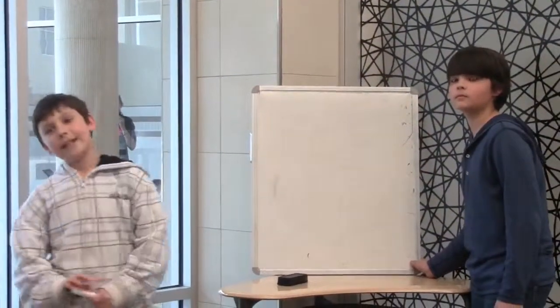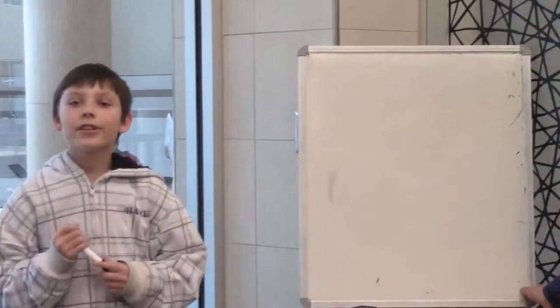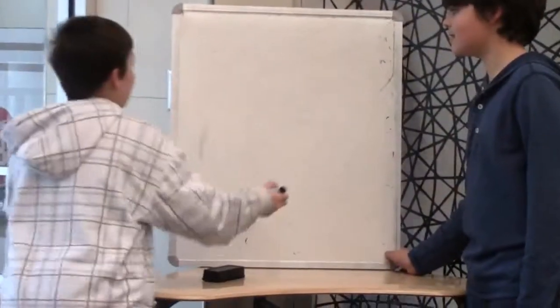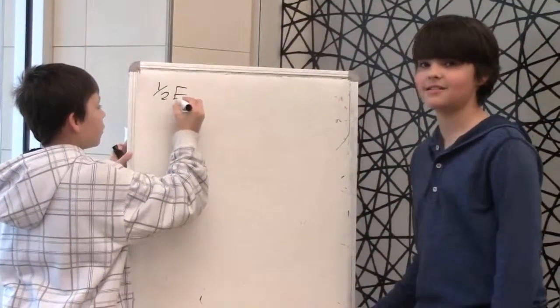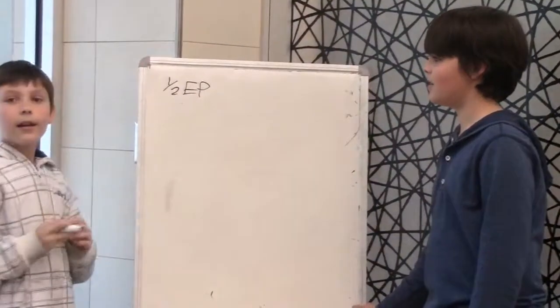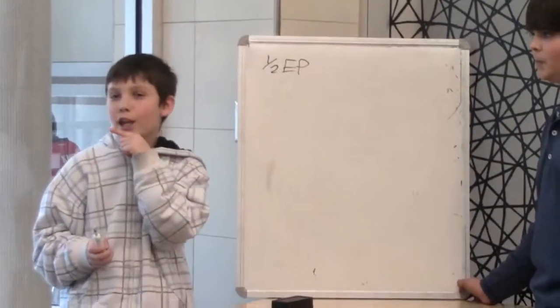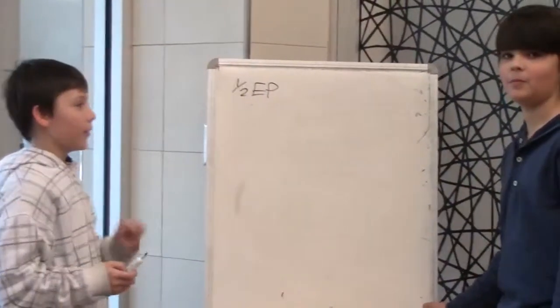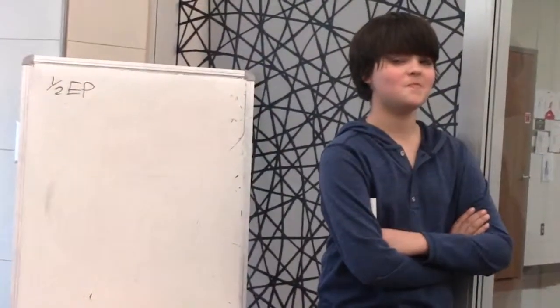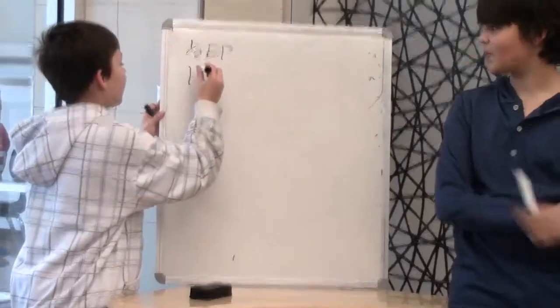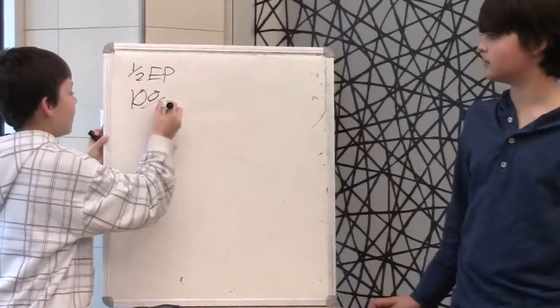So, the team scores 50 points in one game. Half of the points were scored by Evan P. How many did I score? You scored a fifth of the points. Joe scored 10%.